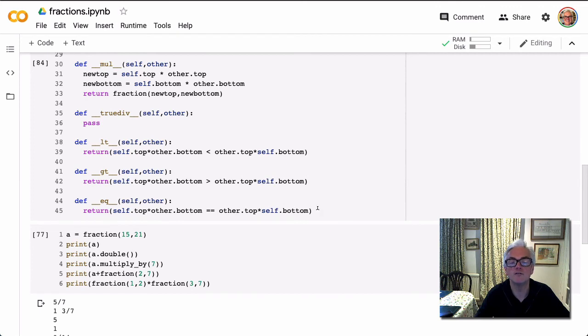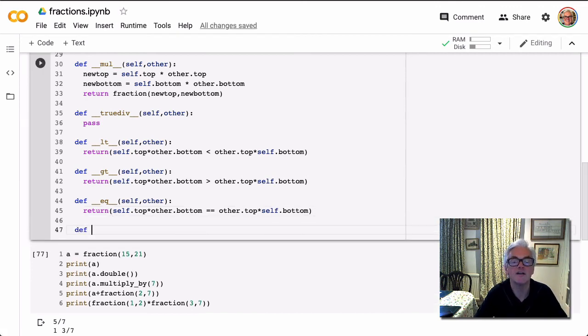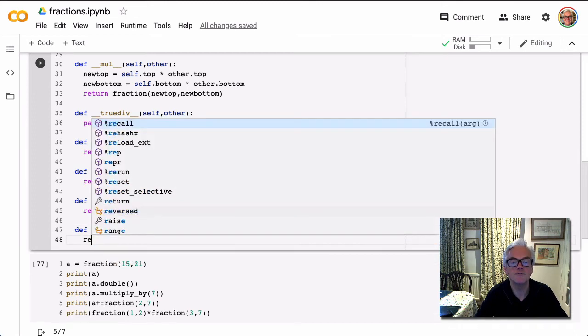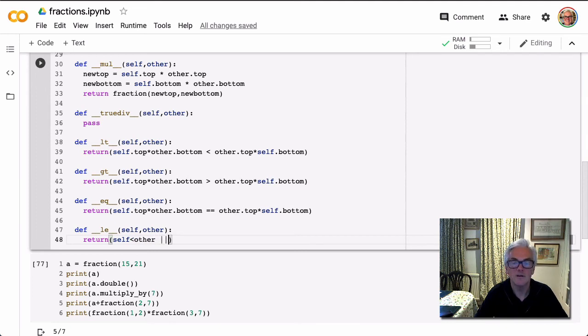So we really ought to do a less than or equal to. So let's define less than or equal to, self and other, to return whether self is less than other, or self equals other, and that should be able to cope.